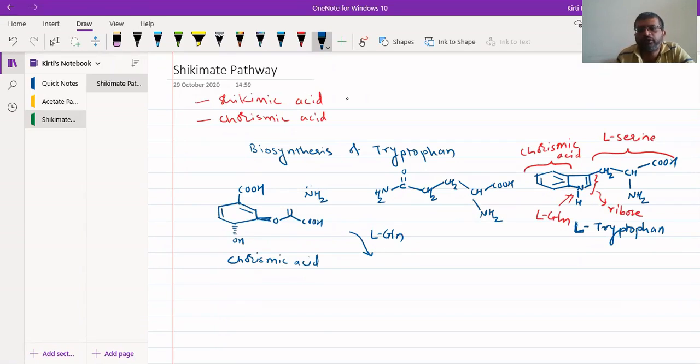This is the structure of glutamine, where it is an amide of glutamic acid.